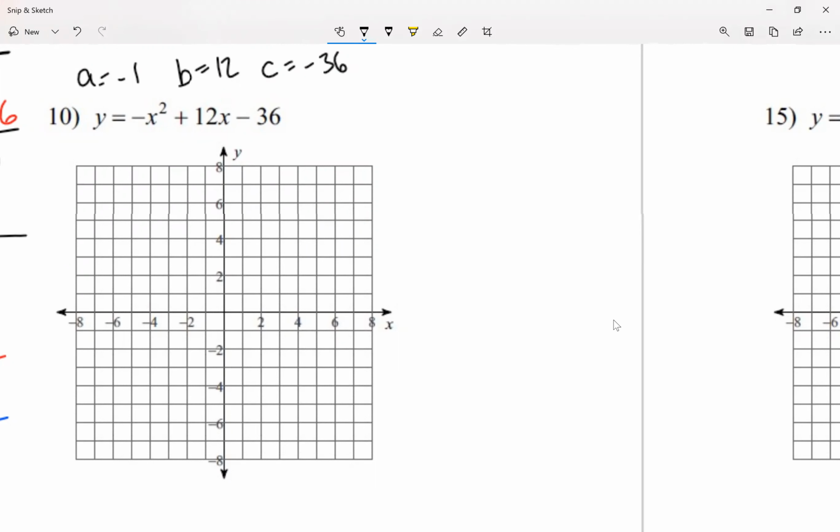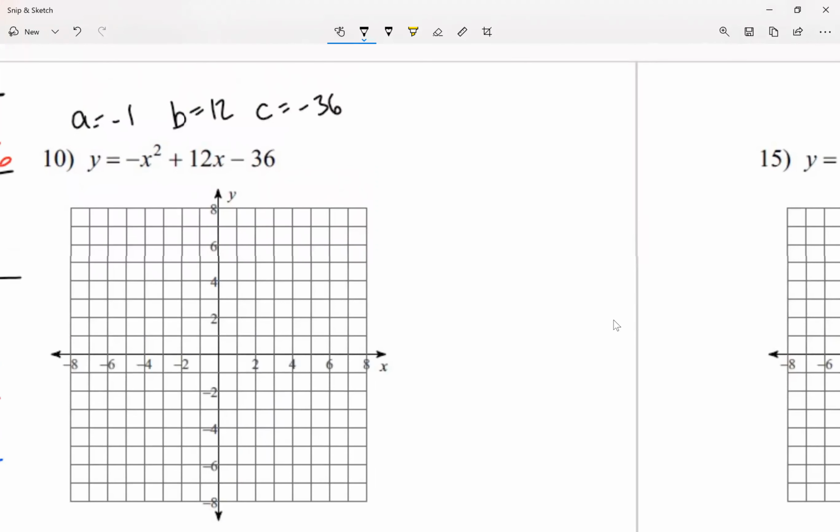Now, for me to find the X value of my vertex, I know it is going to be -B over 2 times A. So in this case, -12 over 2 times A, since A is -1, that is -12 over -2. Negative divided by negative is positive. 12 divided by 2 is 6. So I know the X value of my vertex is 6.